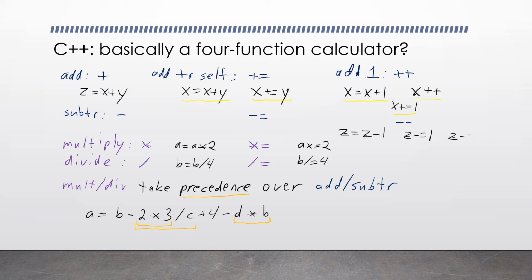So we're going to interpret this whole line as if we had put in parentheses here and there and there, and then we go through and we subtract from B and add 4 and subtract there. Okay, that's how precedence works. It's very similar to order of operations in regular math. Okay, but let's say that's not what we had in mind.